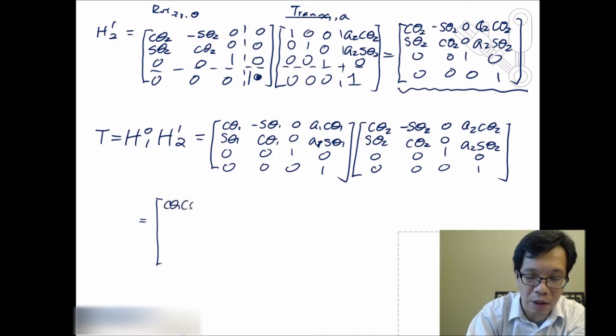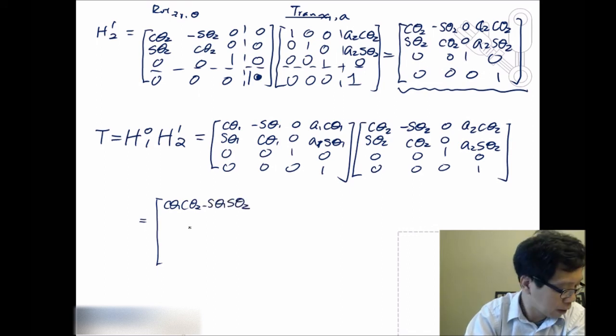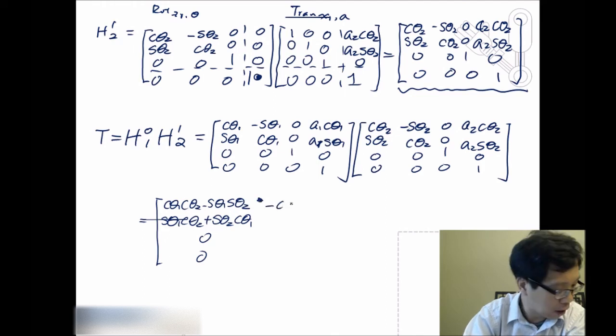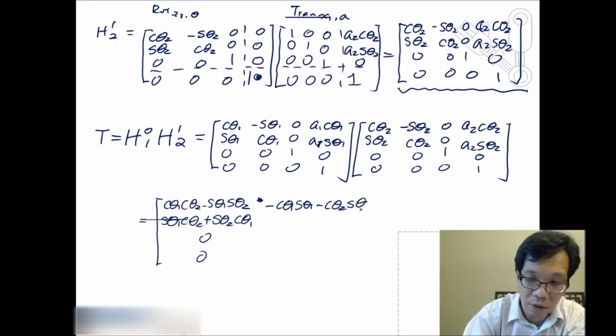We got a big matrix. Cosine theta 1, cosine theta 2, minus sine theta 1, sine theta 2. This one over here is going to be sine theta 1, cosine theta 2, plus sine theta 2, cosine theta 1, 0, 0. Over here is going to be negative cosine theta 1, sine theta 2, minus cosine theta 2, sine theta 1.